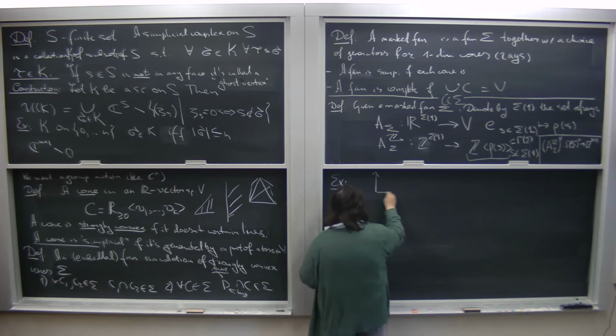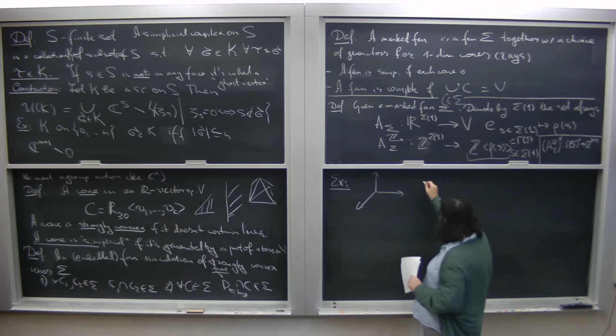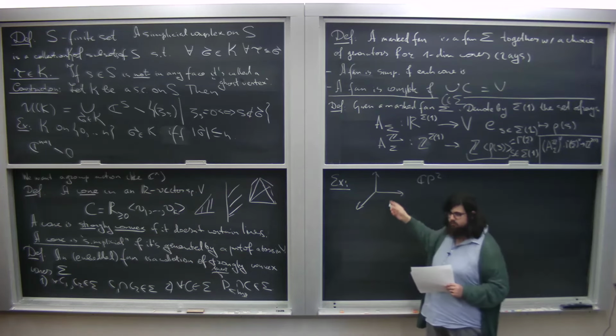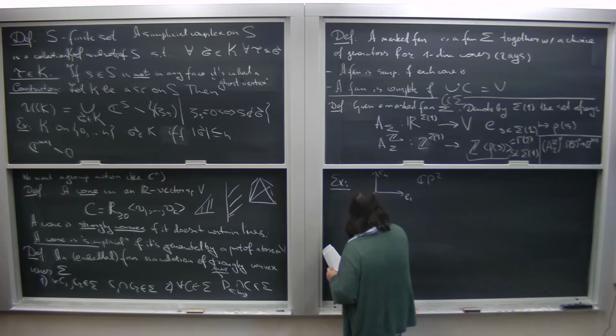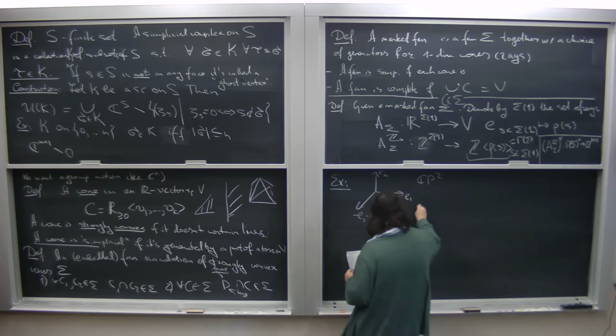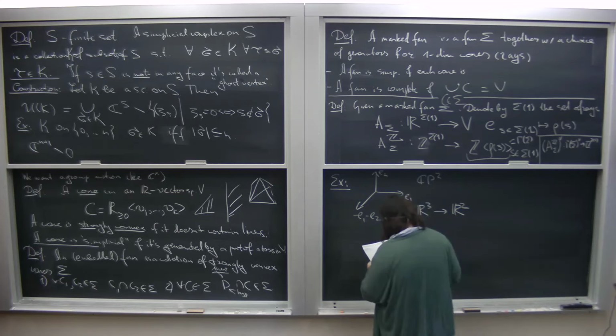Okay, so let's consider an example again. Let's draw the fan which corresponds to CP2. So we have something inside of a two-dimensional space. Then we choose the following ray generators, and then the operators are of the following form.